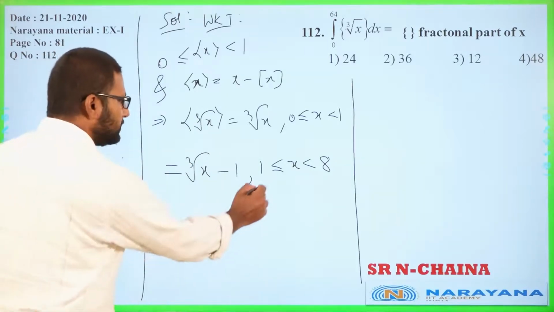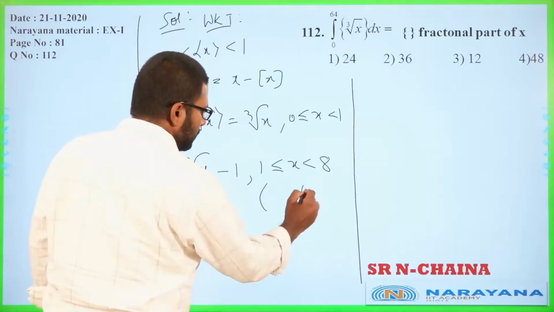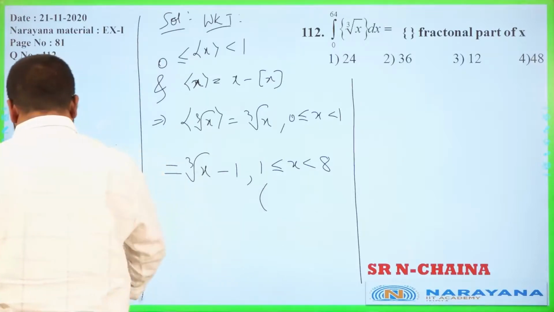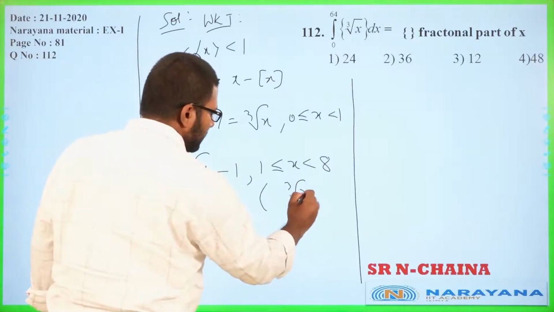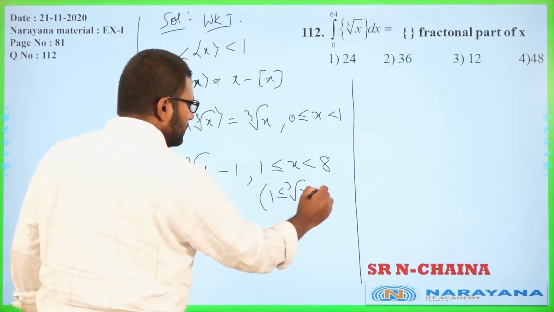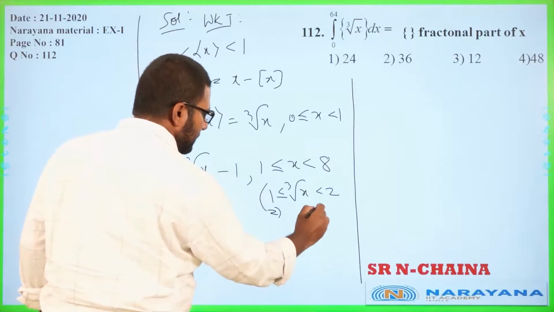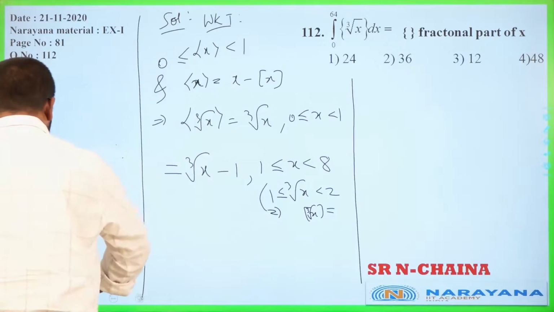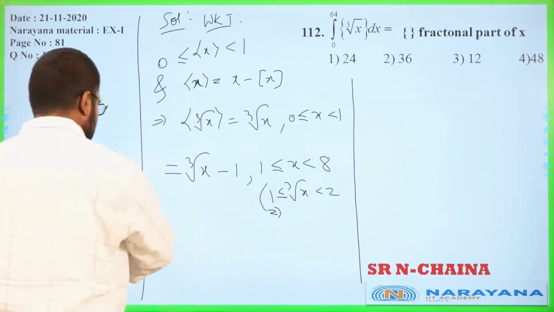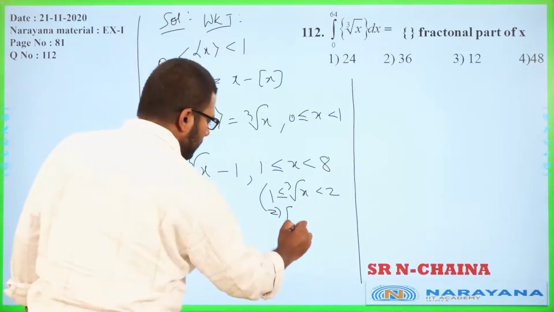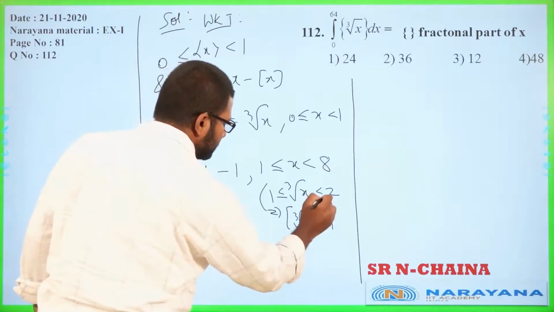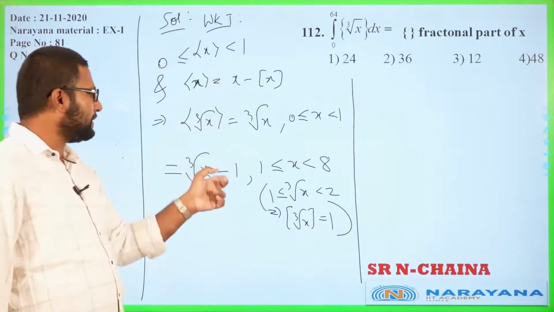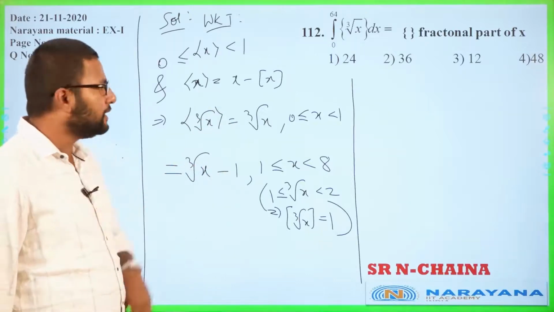Why? Because if cube root of x lies between 1 to 2, it means step of cube root of x equal to 1, isn't it? In this interval, step of cube root of x is 1, and you have to subtract step of x, right?